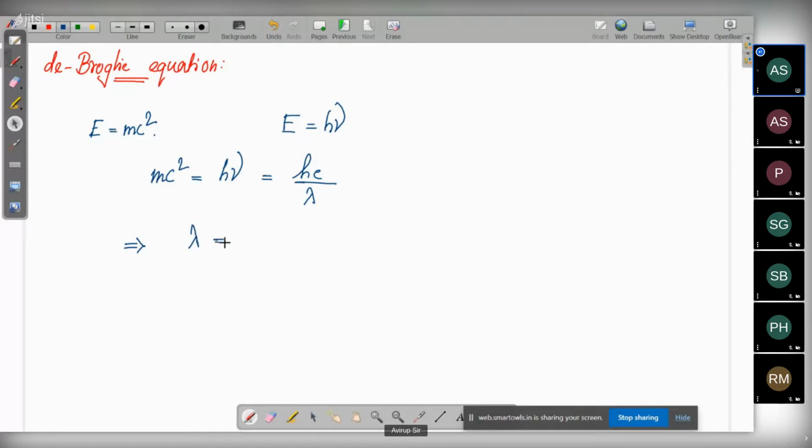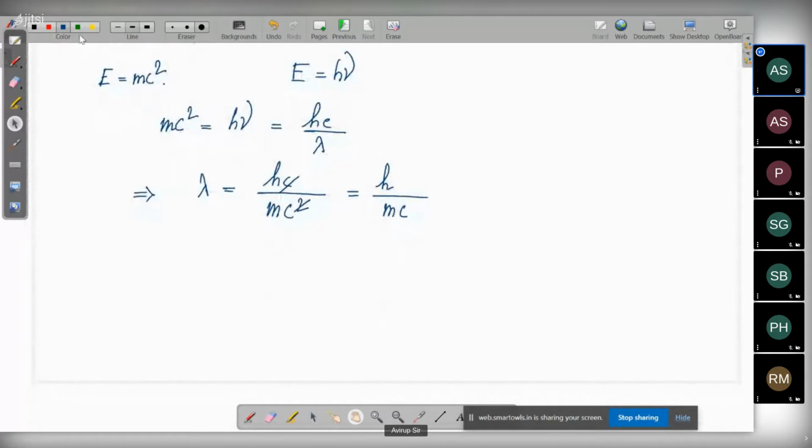So lambda is equal to hc by mc square. Now the c and c will cancel out, so all you are left with is h by mc. And from here you can finally write the equation as lambda is equal to h by mv.